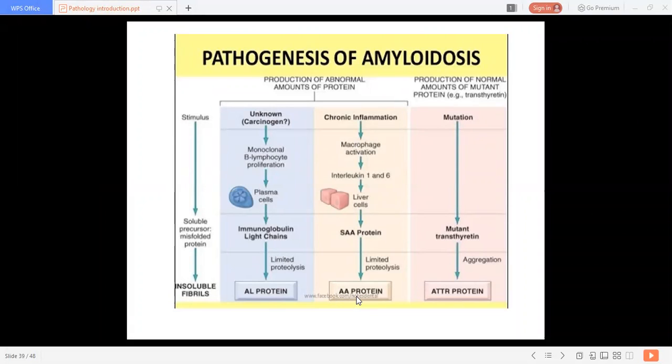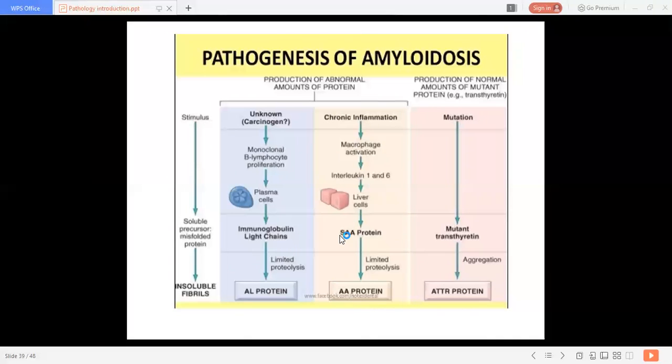Okay, according to the steps of pathogenesis, I am again going to repeat the steps of pathogenesis. If you missed it, you can write it down. The first step is stimulation for amyloid precursor proteins. The second step is increased soluble precursor protein.